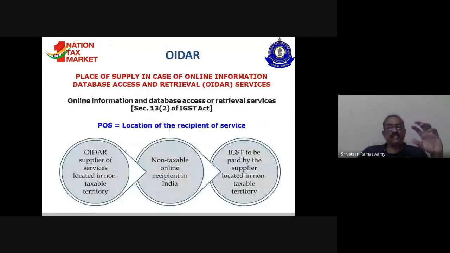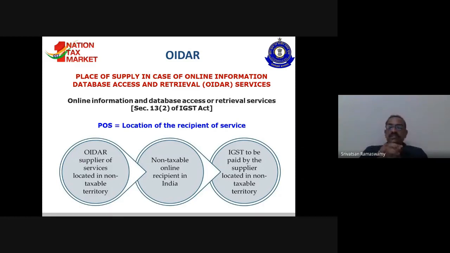For OIDAR service, it is always the location of the recipient of service. OIDAR is something which happens online, like when you purchase e-books online or purchase anything online, or training sessions are conducted online. This is called an OIDAR service, online information data based access and retrieval services.